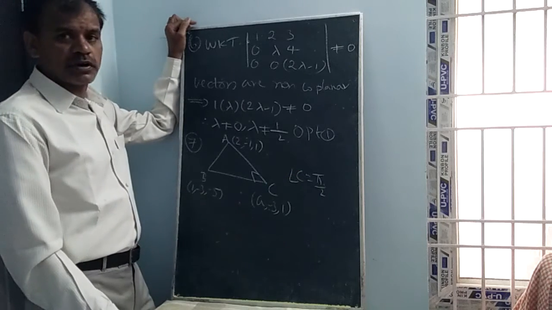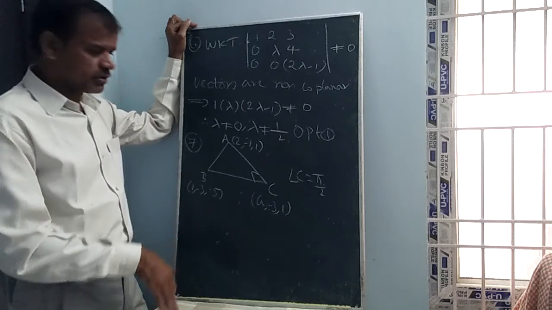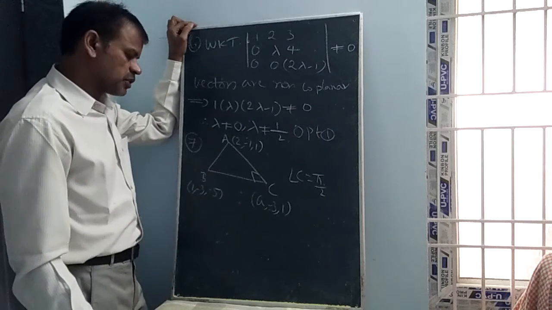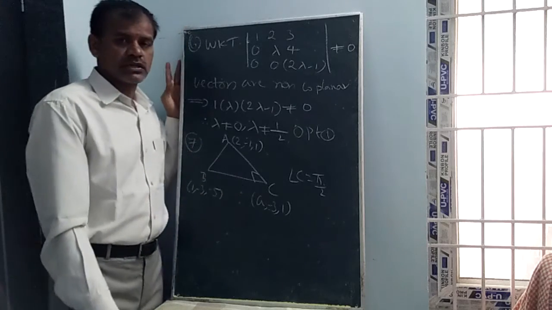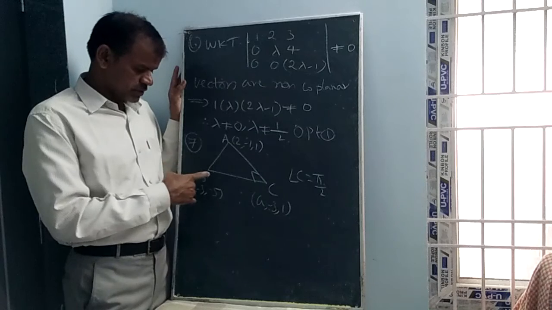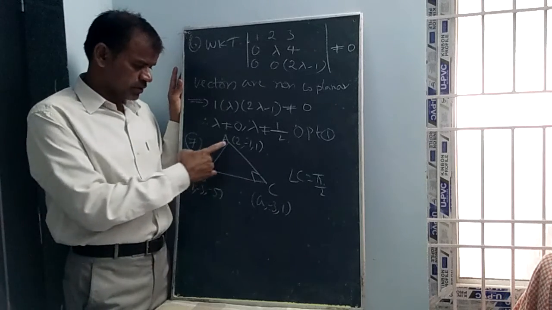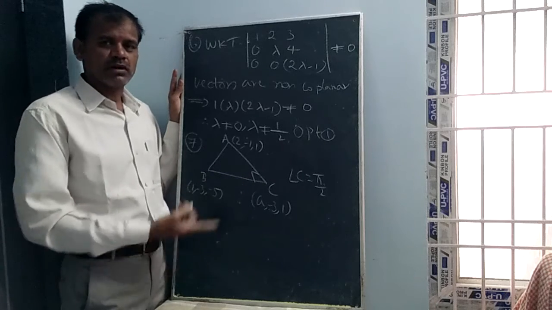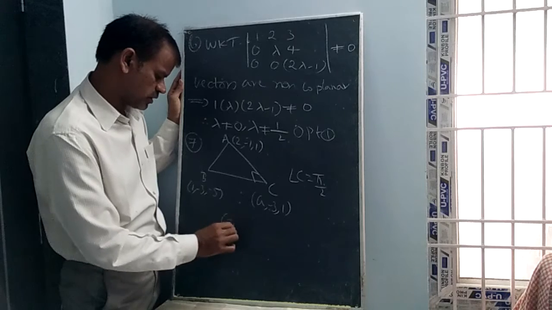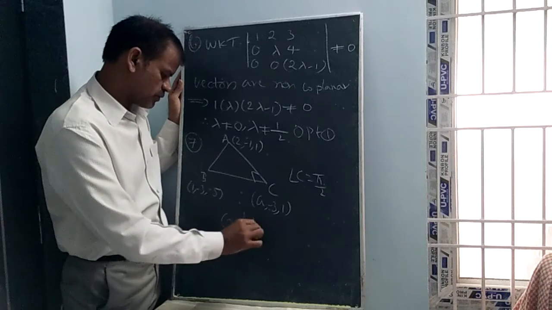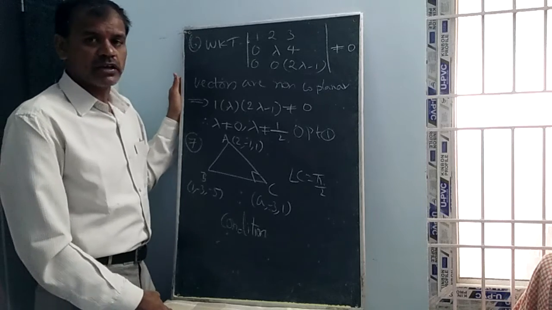Here we should use dot product. Of course, we did not discuss dot product in objective, but in IP we have learned. Without using dot product also, you can use the Pythagoras concept: the square of the hypotenuse is equal to the sum of the squares of the two sides, AB square equal to AC square plus BC square. But dot product is somewhat easier. Using the dot product condition: if the dot product of two vectors is 0, then the angle is a right angle.